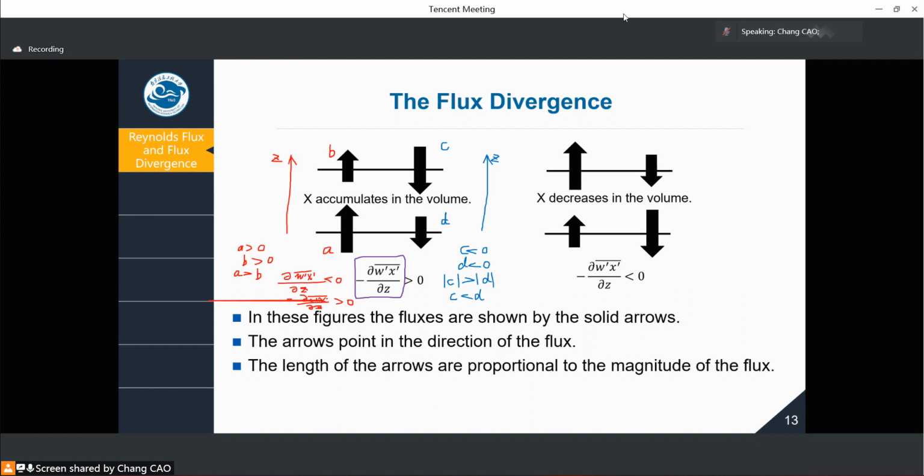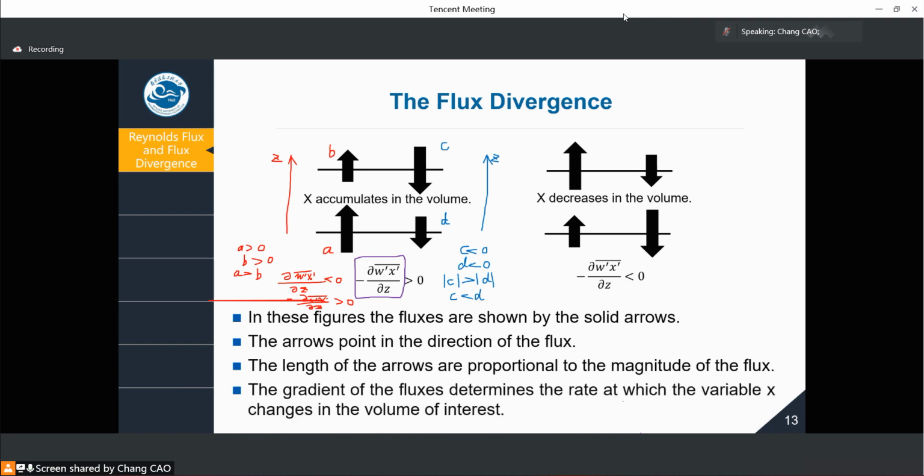Can you understand this? Also, the gradient of the fluxes determines the rate at which the variable x changes in the volume of interest.